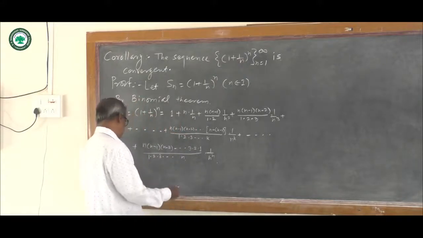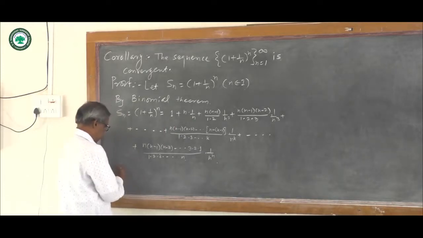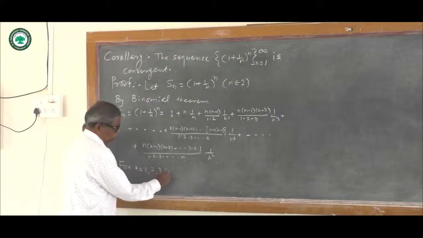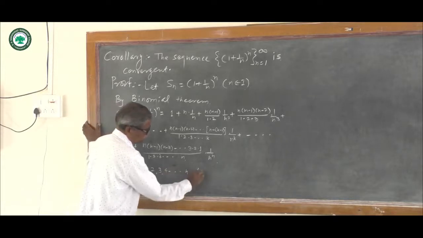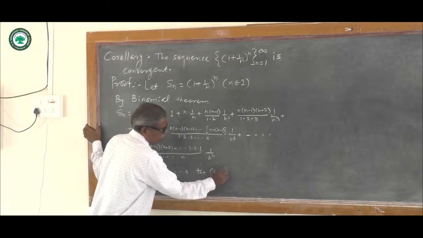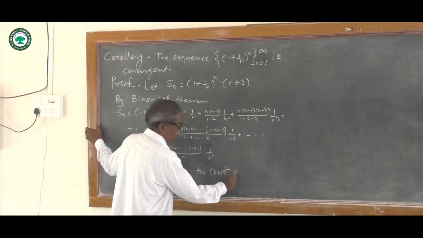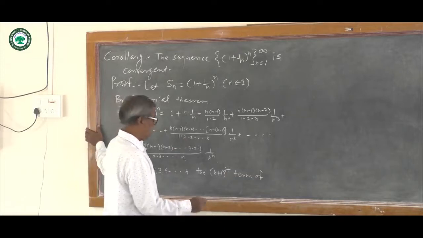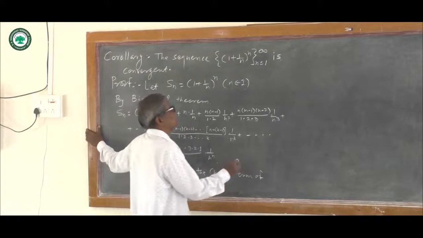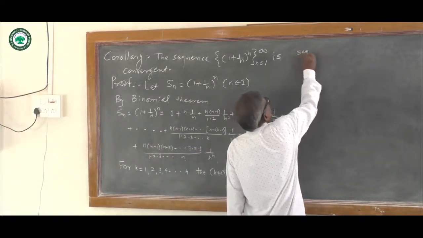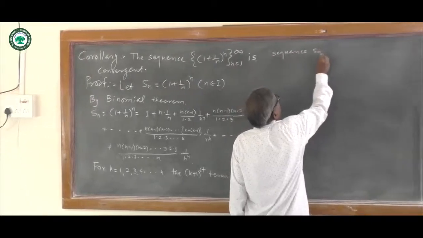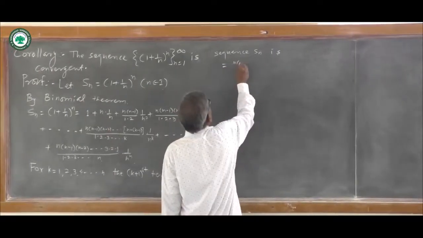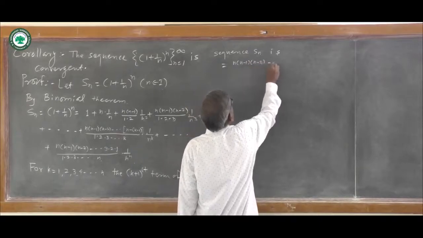For k is equal to 1, 2, 3, 4 and so on up to n, the k plus first term of sequence S suffix n is equal to this term: n into n minus 1, n minus 2 and so on.